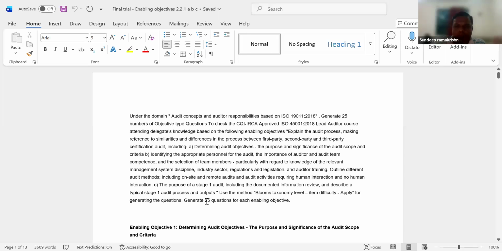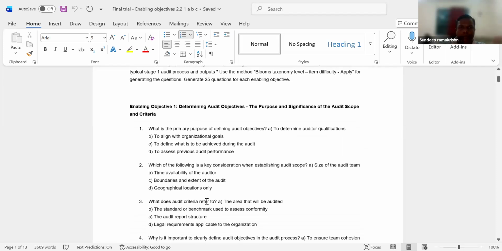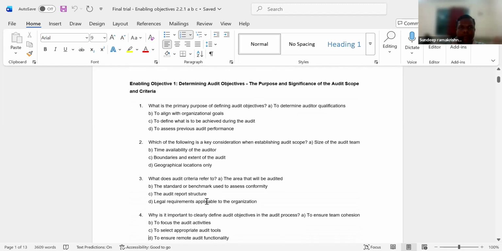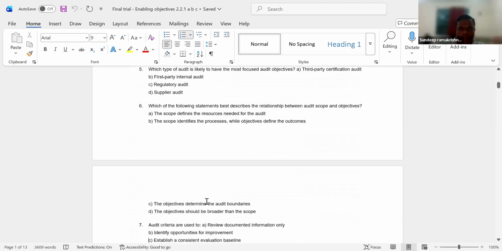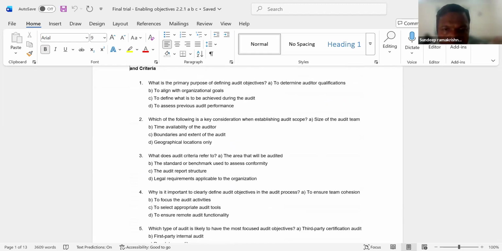This is the same paper we saw previously.